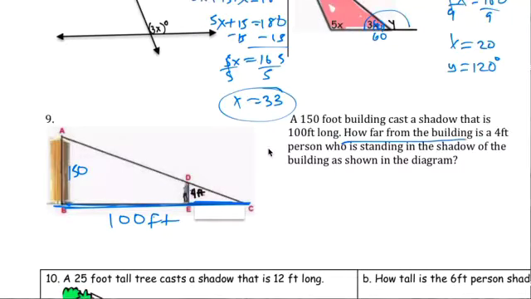How far from the building is the 4-foot person standing? The 4-foot person is standing in the shadow of the building. Okay, how far is she from here to here? If this whole thing right here to the end is 100, so okay, the two triangles you see.